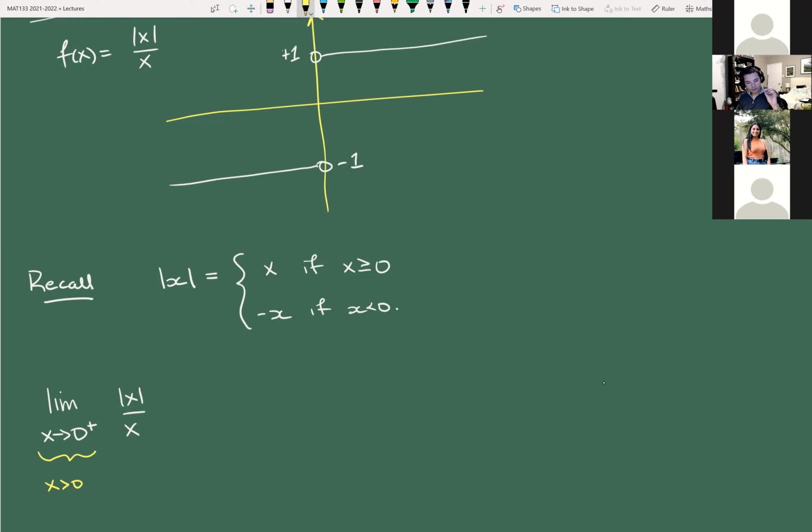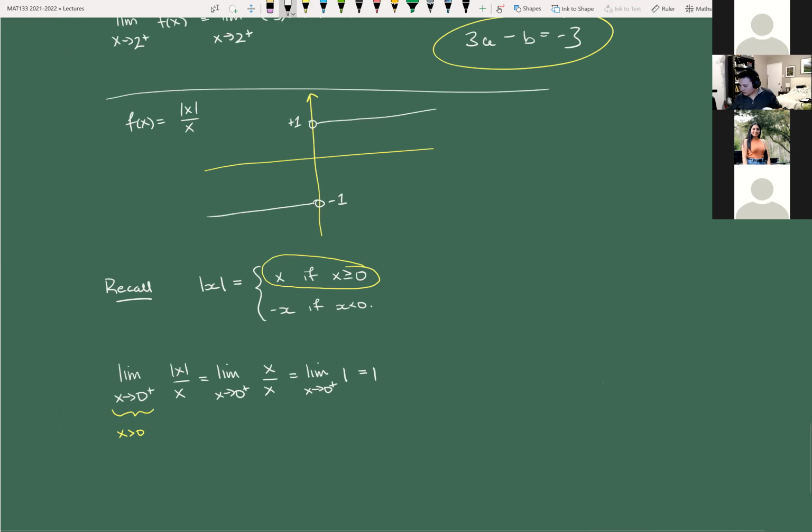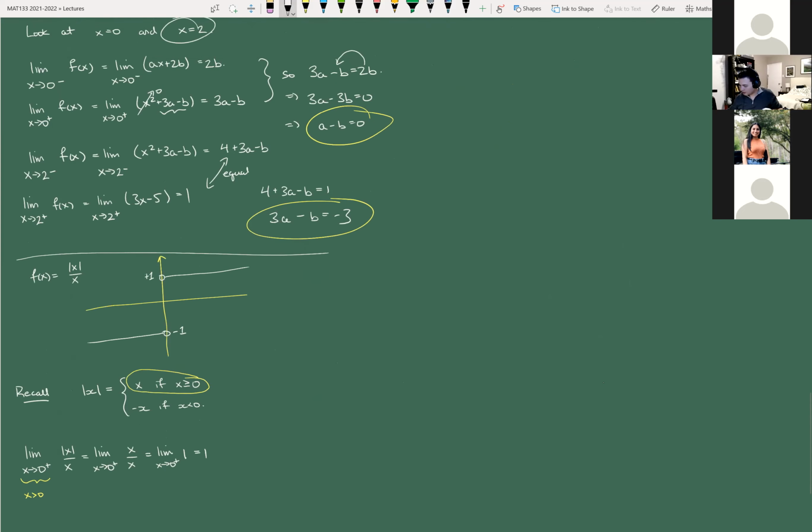So if I'm bigger than 0, then the absolute value of x is just equal to x. Like that. Does that make sense?